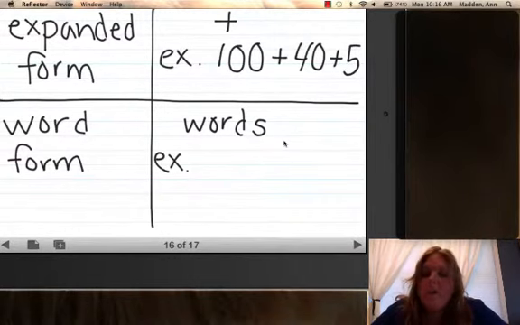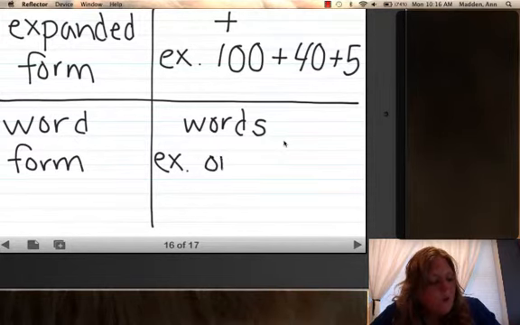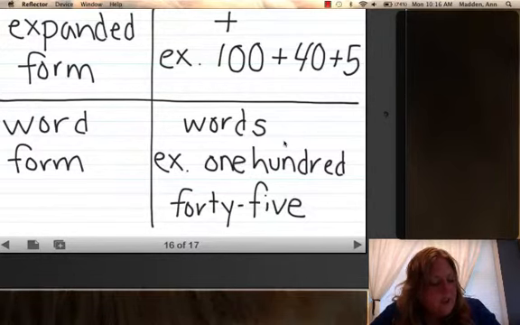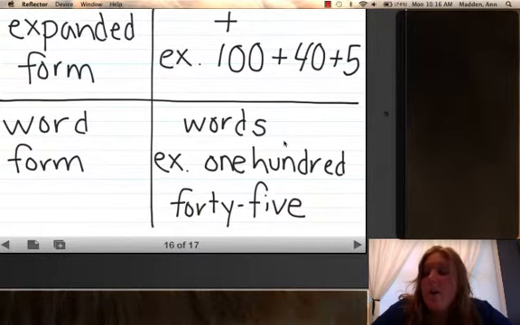Example, 145, I would write out 145 in words. Now, spelling does not matter, but it would be a good, wise choice to start remembering how to spell some numbers. Those are our notes for today.